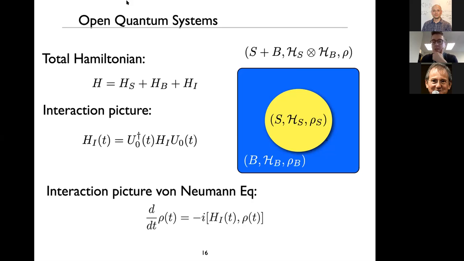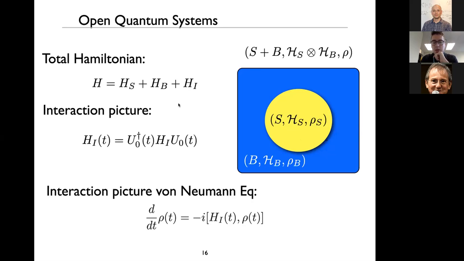By this, I mean we considered a composite quantum system comprising an open quantum system S, which interacts with some macroscopic environment B, where the total Hamiltonian of this composite system is written as follows.